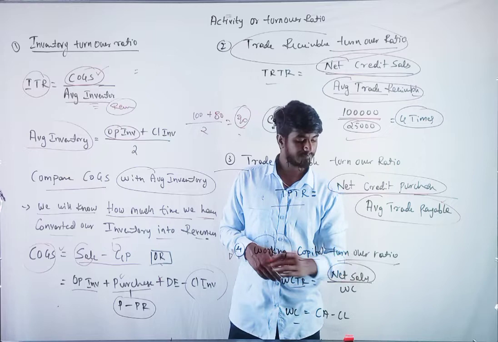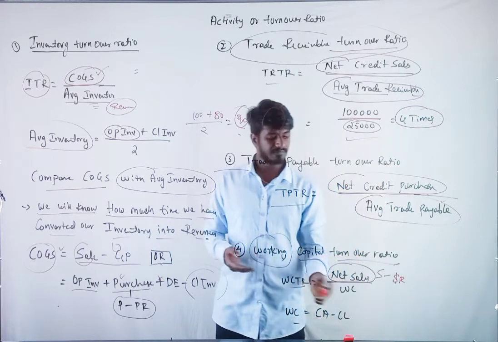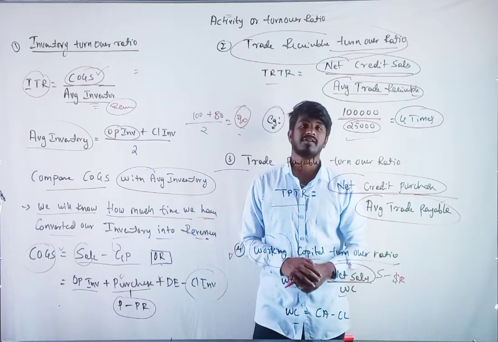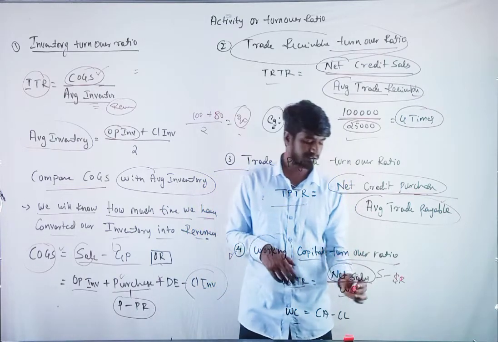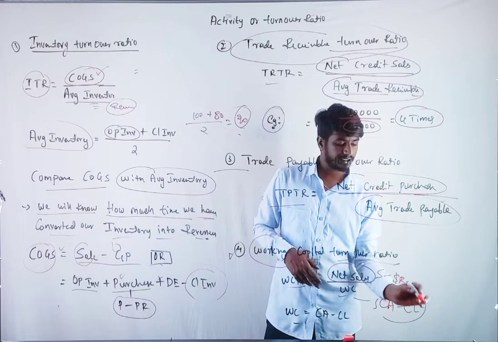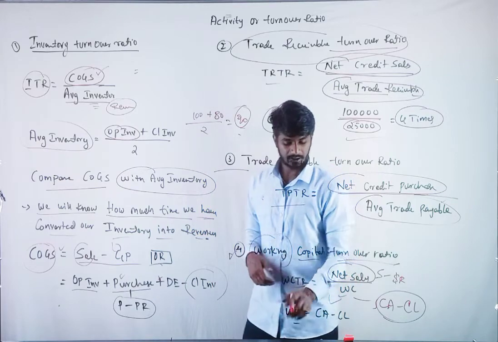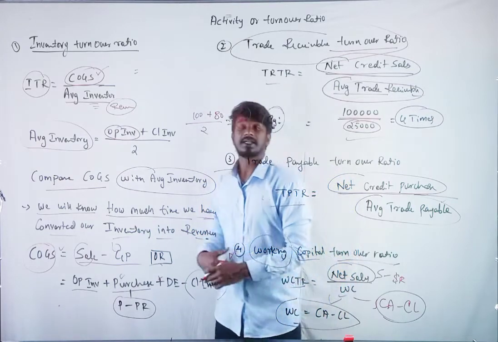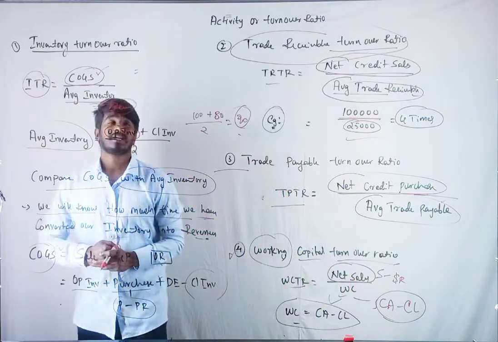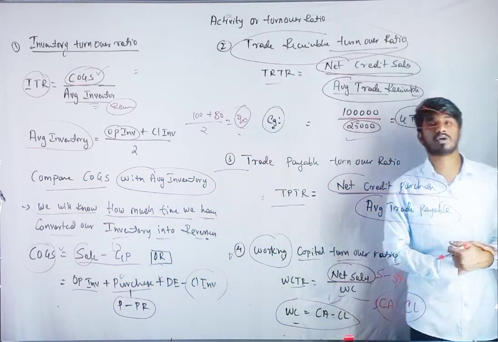Net sales, that is sales minus sales return, divided by working capital. What is working capital? Basically, current assets minus current liabilities is the working capital. It is written here. You can take it down, and we'll move on to questions.